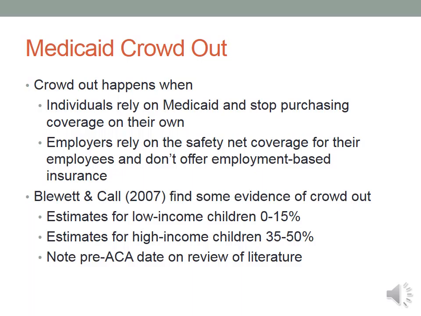Lynn Blewett and Kathleen Call, two professors in our division, have done quite a bit of work on this. They have found some evidence for crowd out, but it varied a lot by population. For example, for low-income kids, the crowd out is really low, as low as 0% up to maybe 15%. But for higher income kids closer to the Medicaid eligibility limits, it could be as high as 35 to 50%.